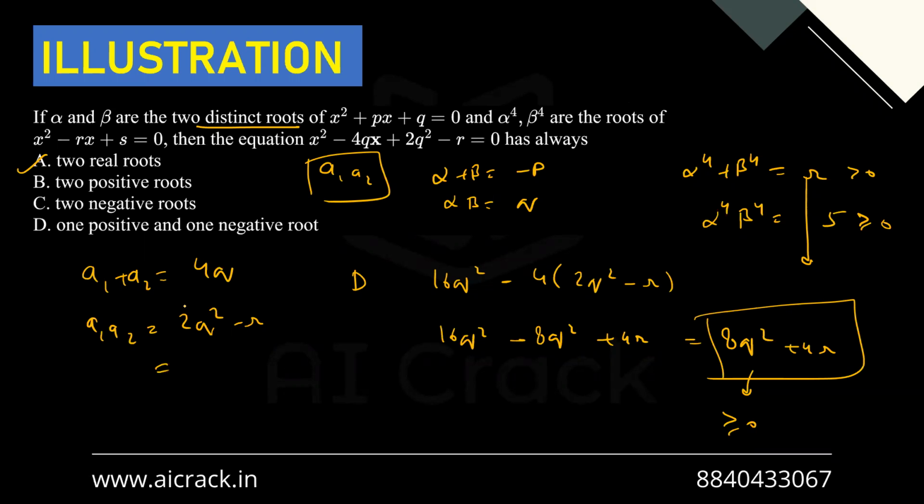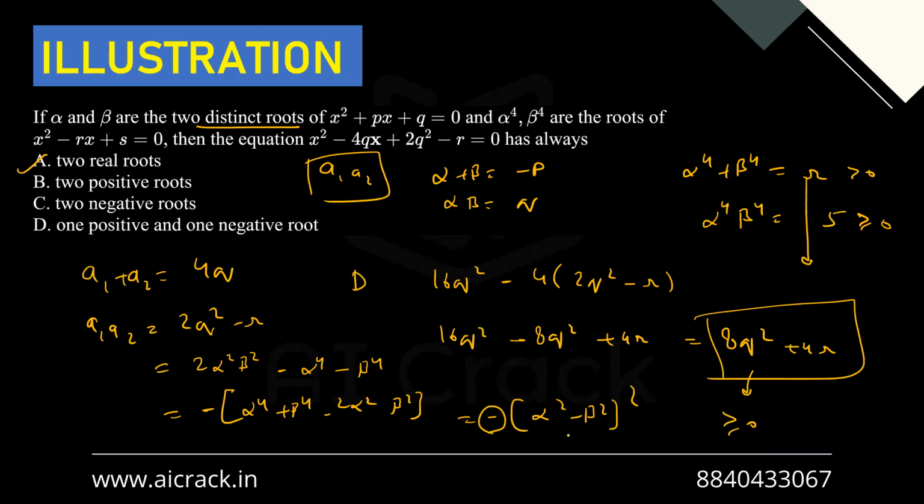So this would become, q is basically alpha beta, so 2 times alpha square beta square minus r. r is nothing but alpha raised power 4 plus beta raised power 4. So this would become minus times (alpha raised power 4 plus beta raised power 4 minus 2 alpha square beta square). And we know that this is nothing but (alpha square minus beta square) whole square with a minus sign. So this is definitely a negative number.